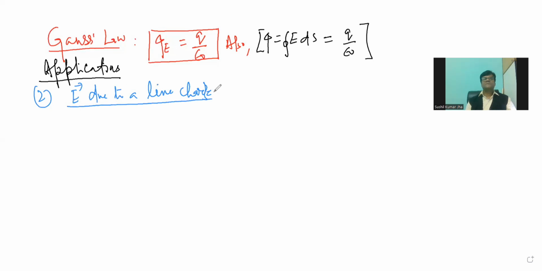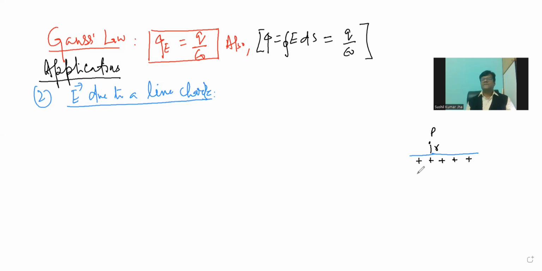Line charge means a substance which is linear in shape. Let's say this one. This is linear. If it is a conductor having uniform charge distribution, which means plus, plus, plus, plus, plus. Now around this, let's say we select a point P at a certain distance r.